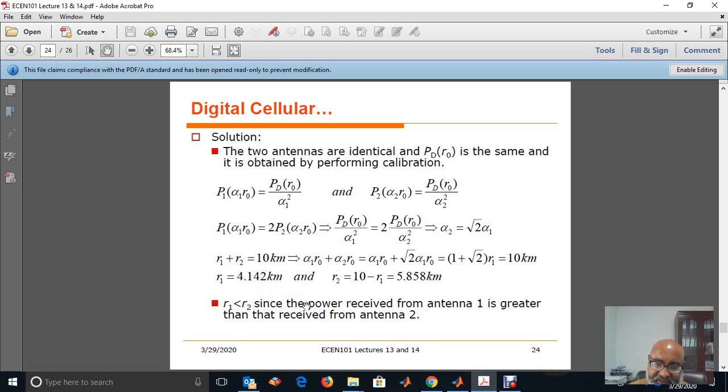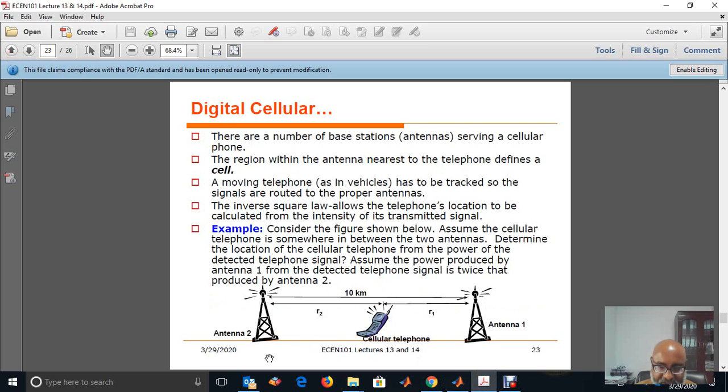As we see from this calculation, we determine the distance R1 of the mobile phone from base station 1, and the distance R2 of the mobile phone from base station 2. That means we determine the exact location of the mobile phone between antenna 1 and antenna 2. That's why I said earlier that the concept of received power is used for localization.